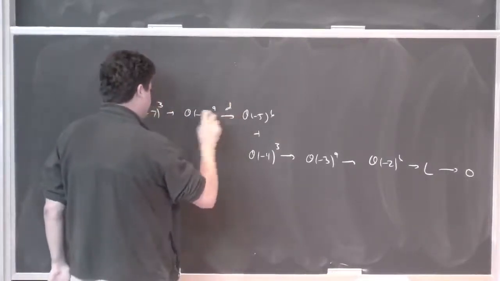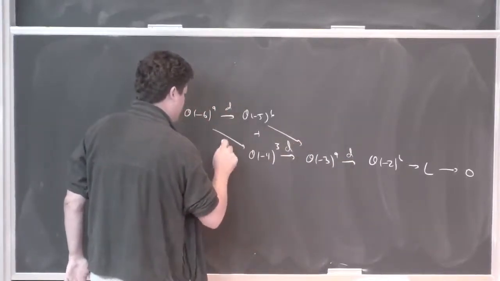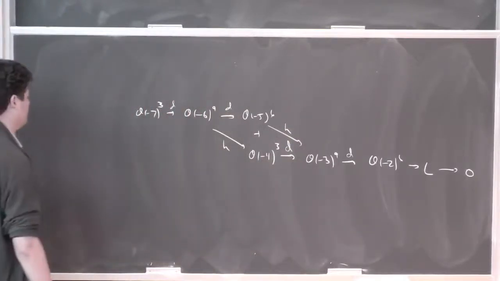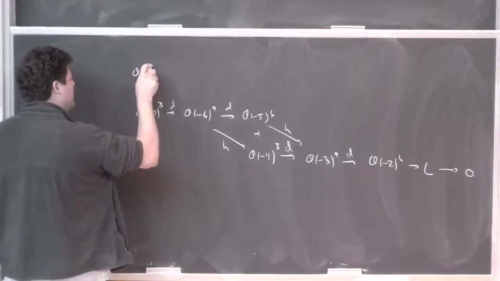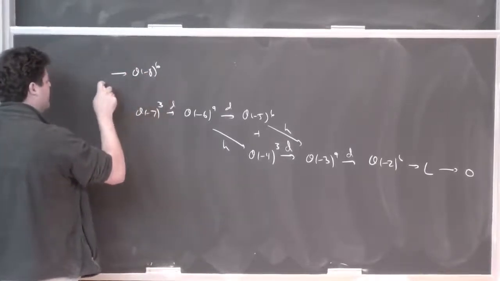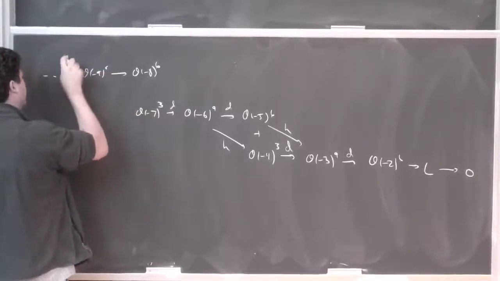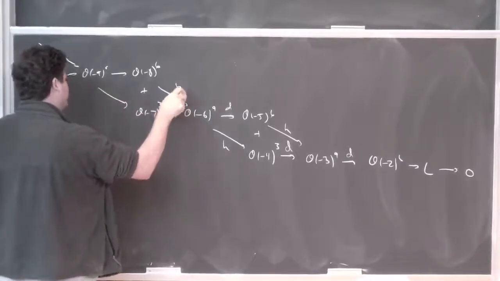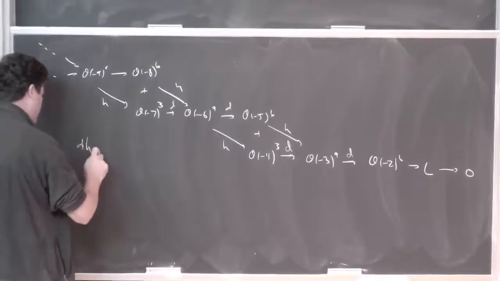And here are my D's, and here are my H's. And then I need to continue. So O(-8)^6, and so on. O(-9)^9, and so on. So here's H. So DH plus HD is F.